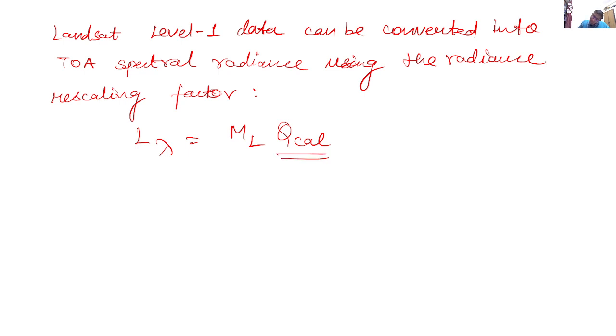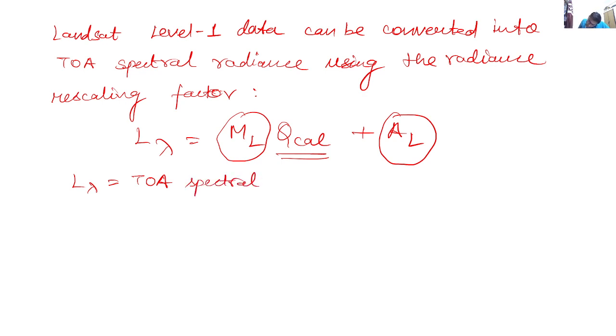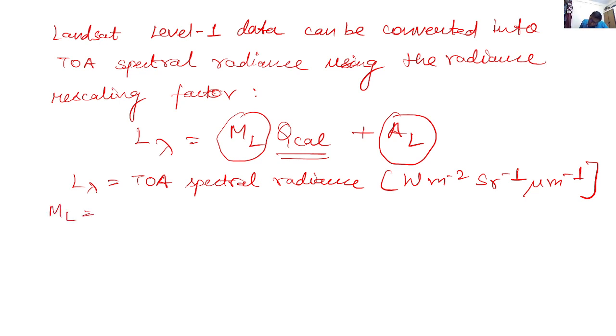Qcal is nothing but the DN. ML is the multiplicative coefficient, AL is the additive coefficient. So L lambda would be the top of the atmosphere spectral radiance, in units of watts per meter square per steradian per micrometer. ML is the band specific multiplicative scaling.